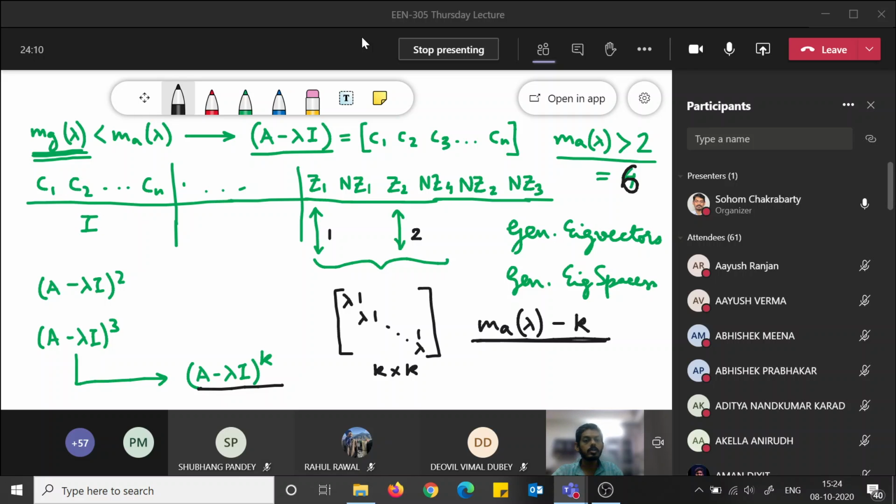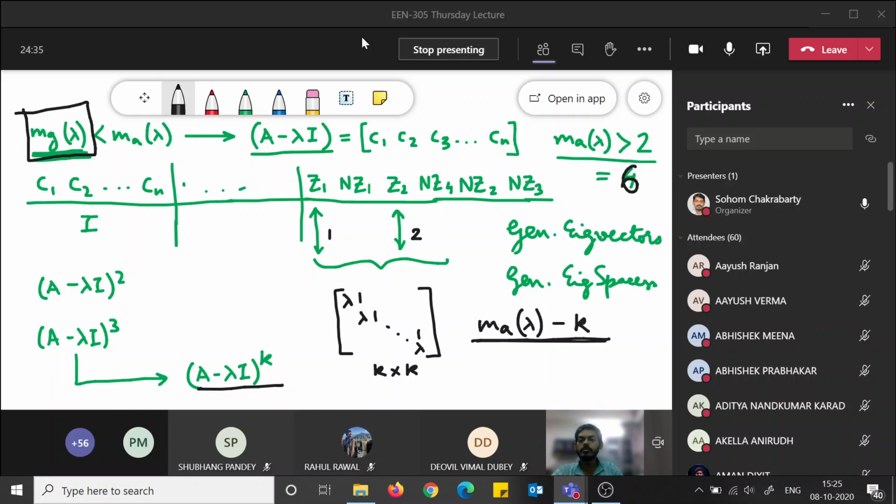So that means there will be 2 Jordan blocks. So this is important: the geometric multiplicity gives you the number of Jordan blocks, and the index of x minus lambda in the minimal polynomial gives you the size of the largest Jordan block.